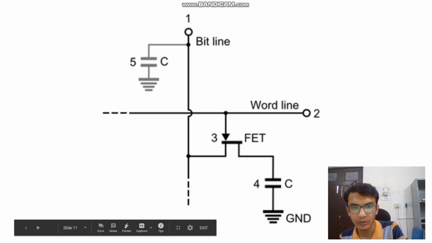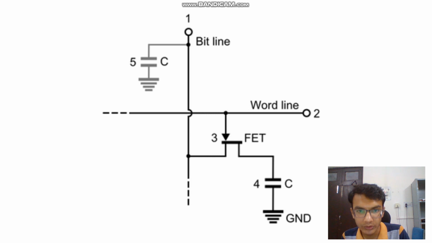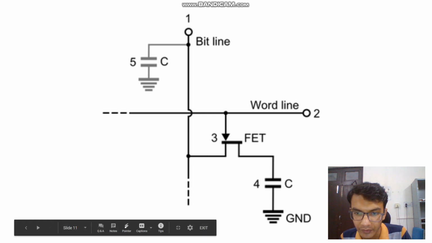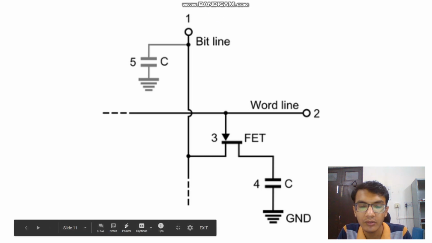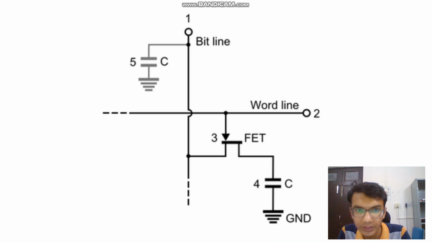If the capacitor was charged, it will discharge through this line and we get a high signal. If it was discharged, we get a low signal, so we get whatever signal we want.